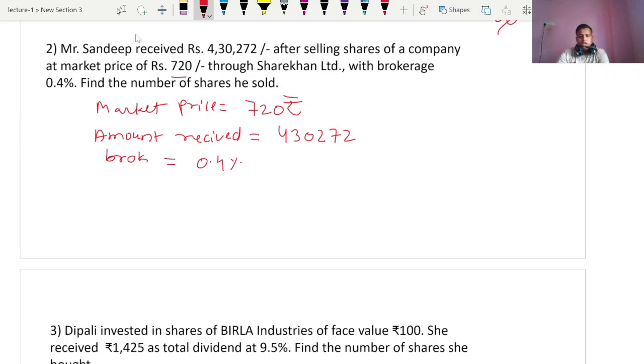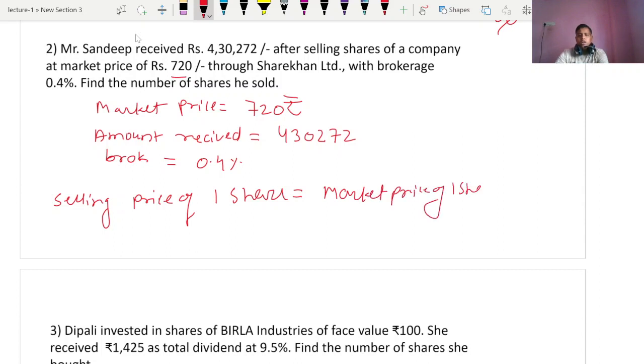0.4%. Now see, Sandeep received this amount after selling shares. So therefore the selling price of one share will be what? Market price of one share plus or minus.